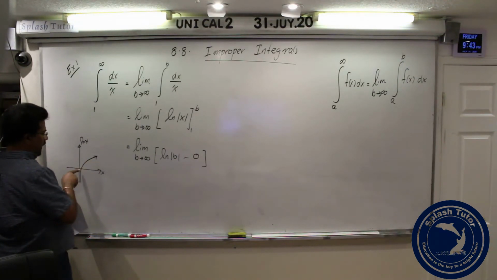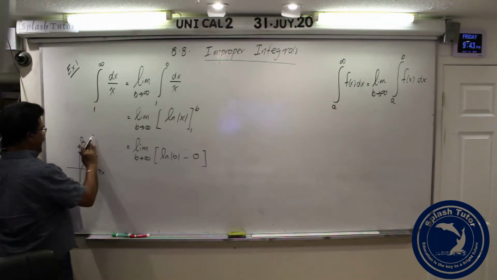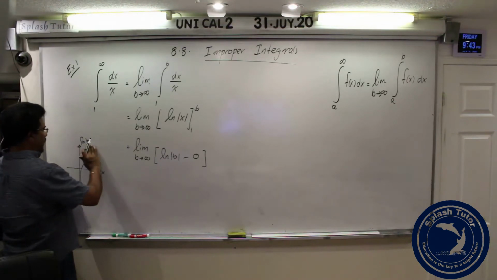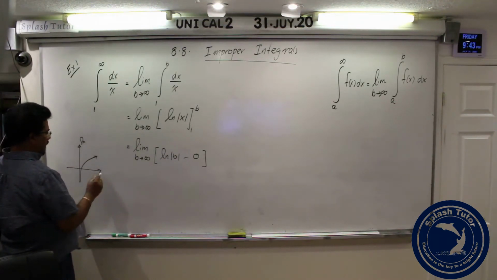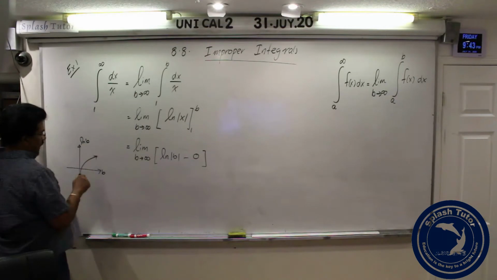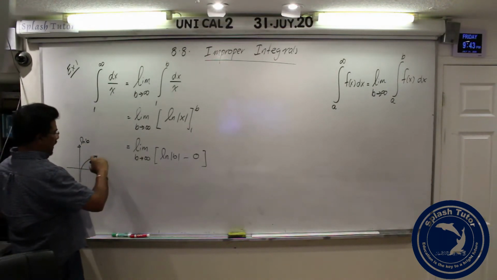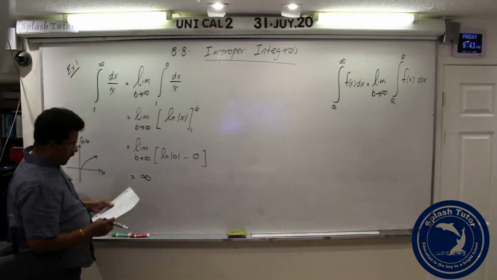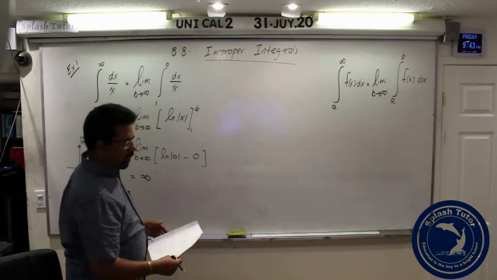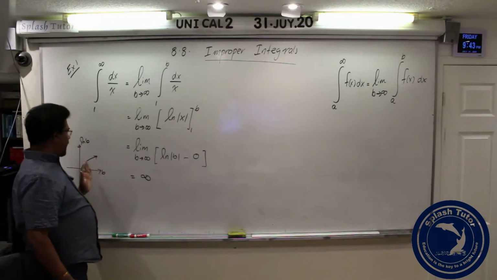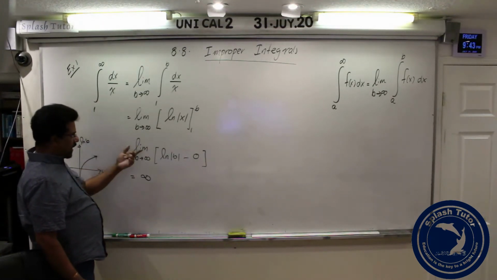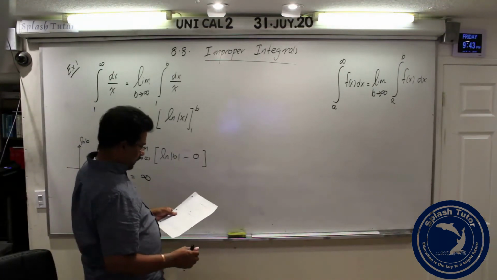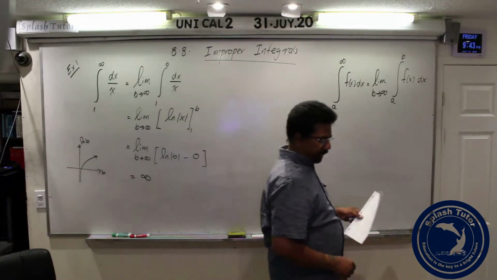This is b, this is ln b. Now if b goes to infinity, ln b will go to infinity, so the answer is infinity, right? Okay?